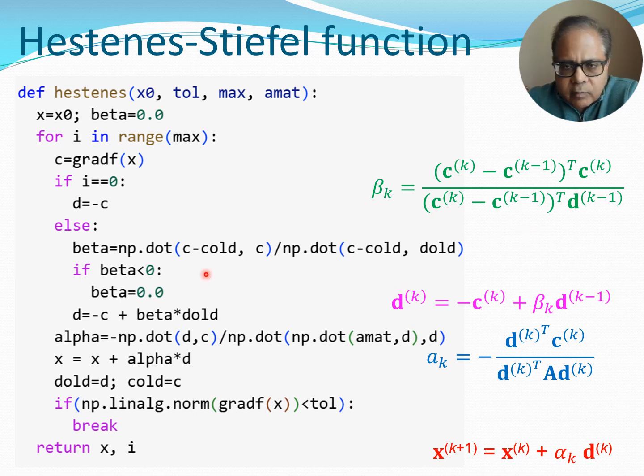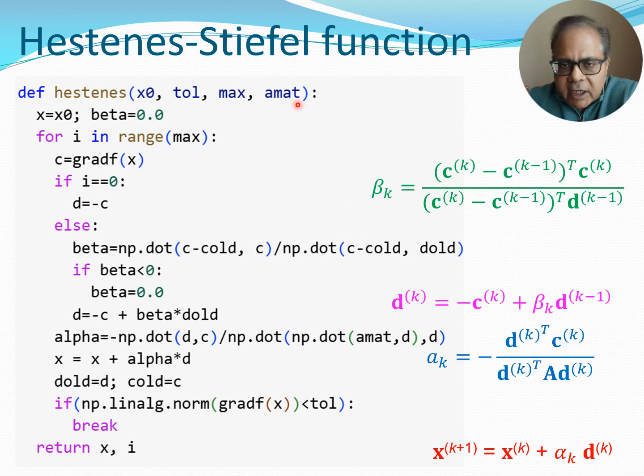And again, I put in the condition that if beta becomes less than 0, I will set beta to 0. And then I update the search direction as minus c plus beta into d old, which is this formula. Again, the same formula for alpha can be used, which is defined for the quadratic function, that is negative dk transpose ck over dk transpose A dk.